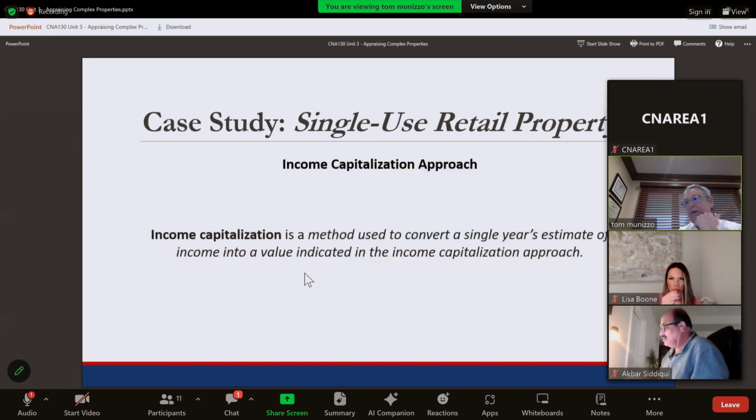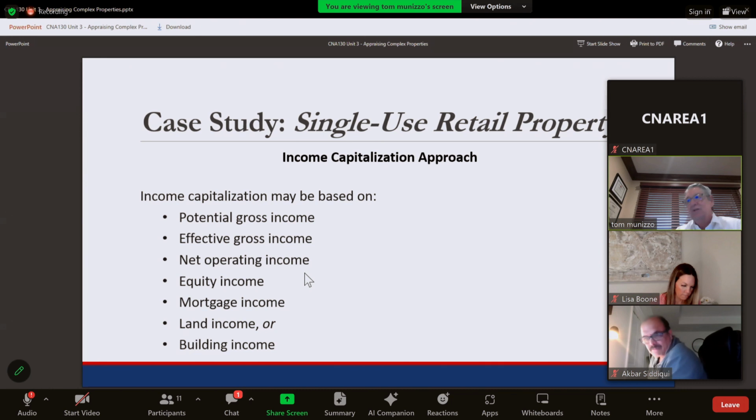All right, where are we here? All right, income capitalization is a method used to convert a single year's estimate of income into a value indicated in the income capitalization approach. So it can be based off of, and remember, I said earlier, potential gross income. What's that? Anything that can potentially come to your income, right?